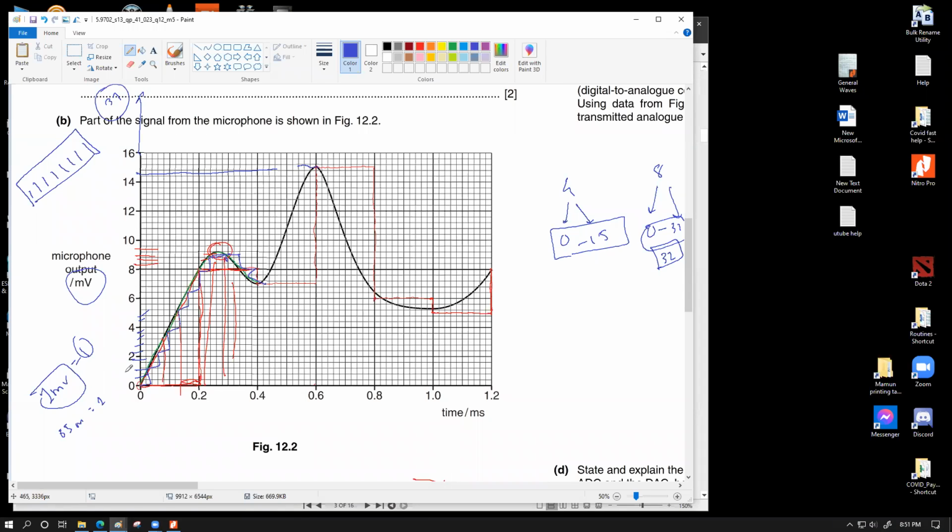In this case, for this original graph, 1 millivolt represents 1 increment of the binary value. But if we had an 8-bit system, that would mean that within the same space, we'd have double the number of recognizable steps. Here we have 16 recognizable steps, but if we had an 8-bit system, we would have 32 recognizable steps, which means each of the step sizes would have become smaller.